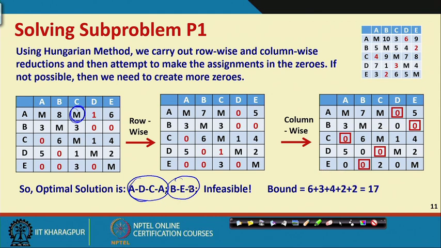So, again we have an infeasible solution and the bound value is 17. Where from did we get it? Look at the original matrix, the solution is put there and if you add 6, 2, 8, 12, 15 and 17. So, that is the solution of sub problem P1.